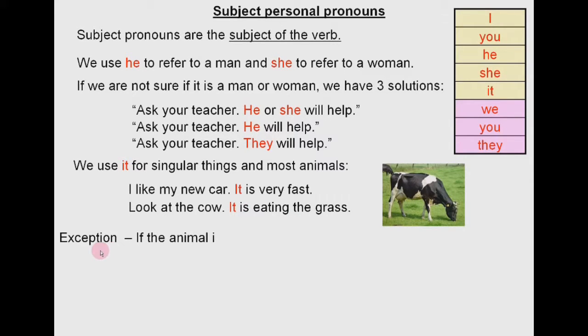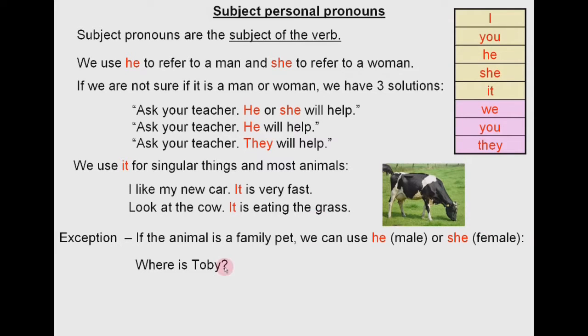But there is an exception. If the animal is a family pet, okay, so if the animal, for example, is a dog or a cat who is part of the family, then we can use he if it is a male animal, or she if it is a female animal.